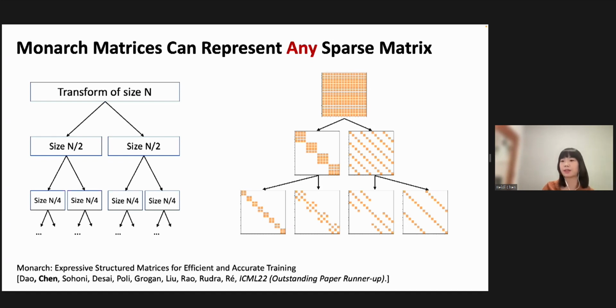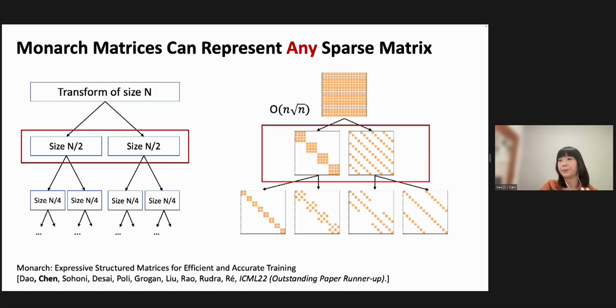For example, to represent any big O of n sparse matrix, butterfly needs to have big O of n log n non-zeros. This is optimal. But if we take a look at the second layer, the total number of non-zeros in the second layer becomes n square root of n. So obviously, theoretically, there is a big gap between square root of n and log n, and so it's not optimal. But the good thing about these two matrices is that there are only two of them.